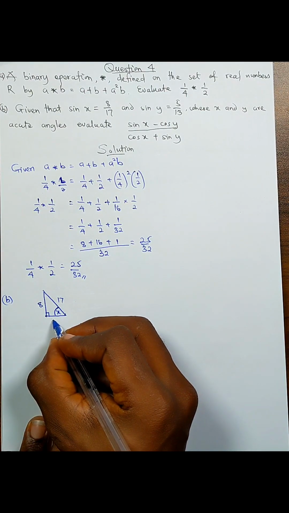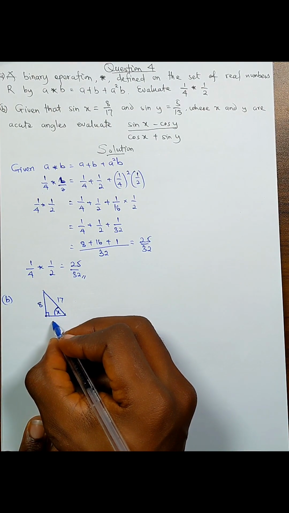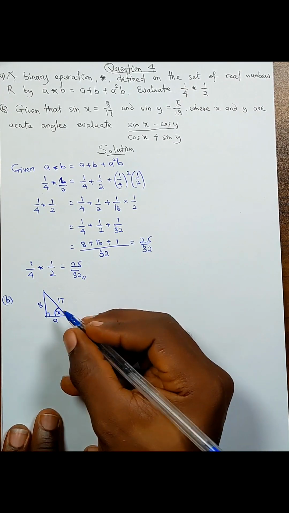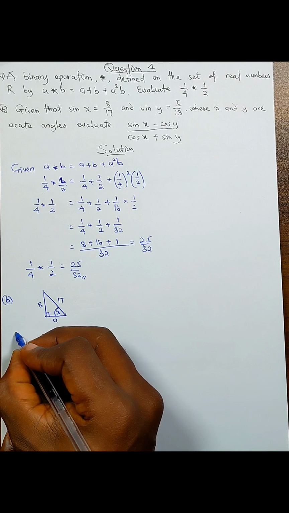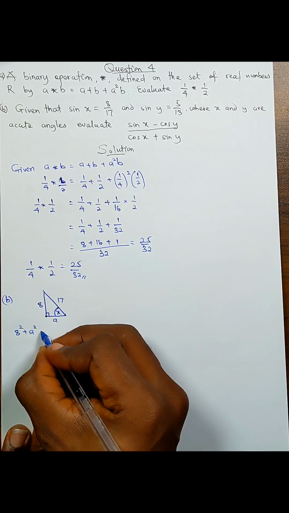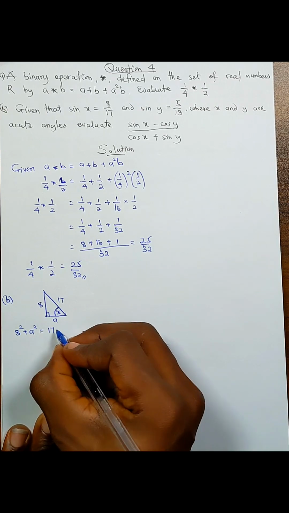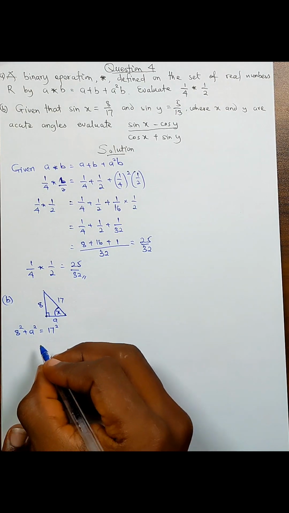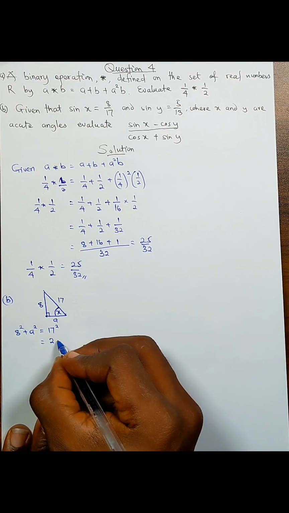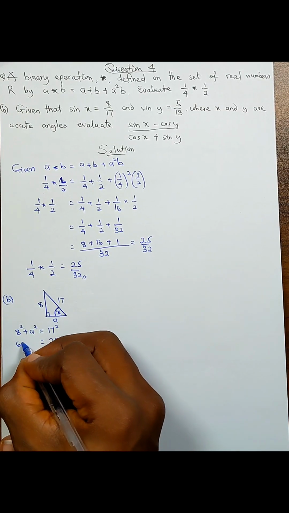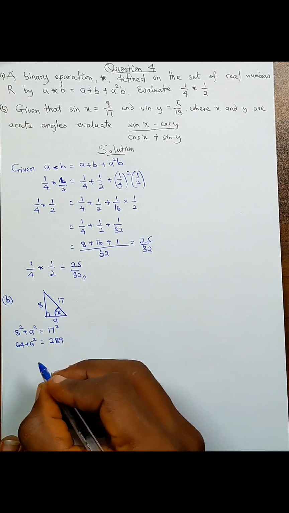So it means that we need to find the value here. We can label it as A. How do we find A? We know from Pythagoras theorem that 8 squared plus A squared is going to give us 17 squared. 17 times 17 is going to give us 289. Then 8 squared is going to give us 64, and we still have our A squared.